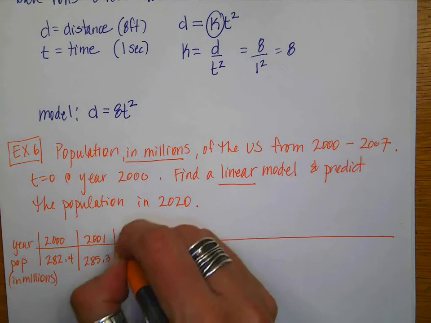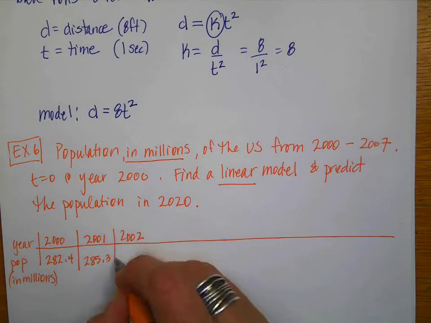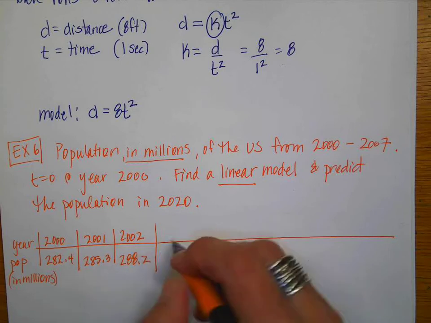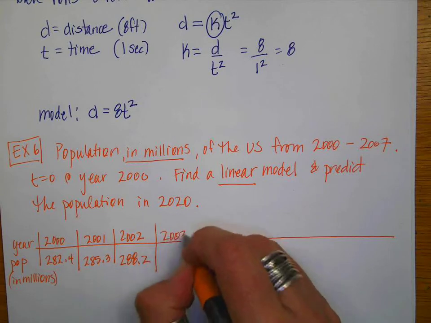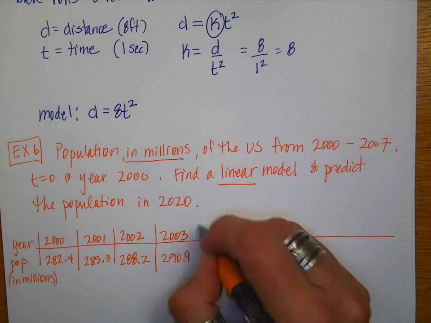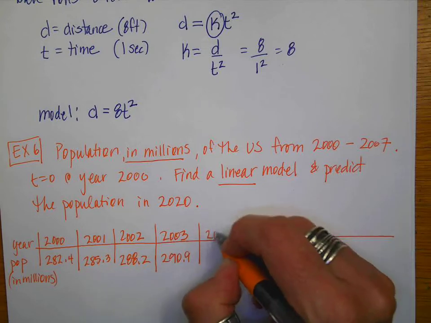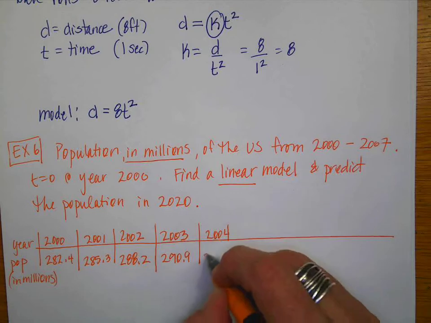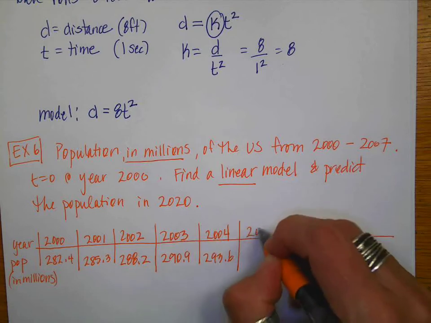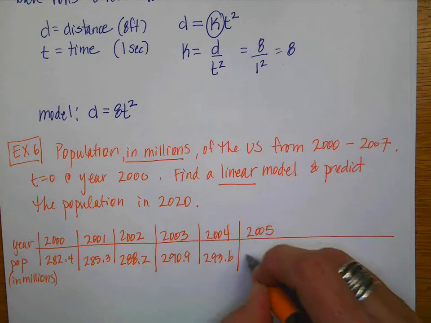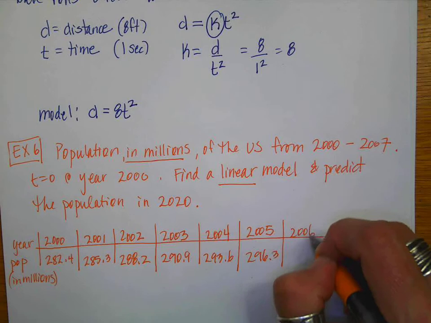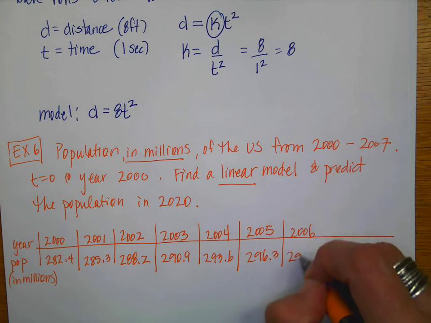In the year 2001, there are 285.3. 2002, it's 288.2. In 2003, it's 290.9. In 2004, it's 293.6. In 2005, it's 296.3.